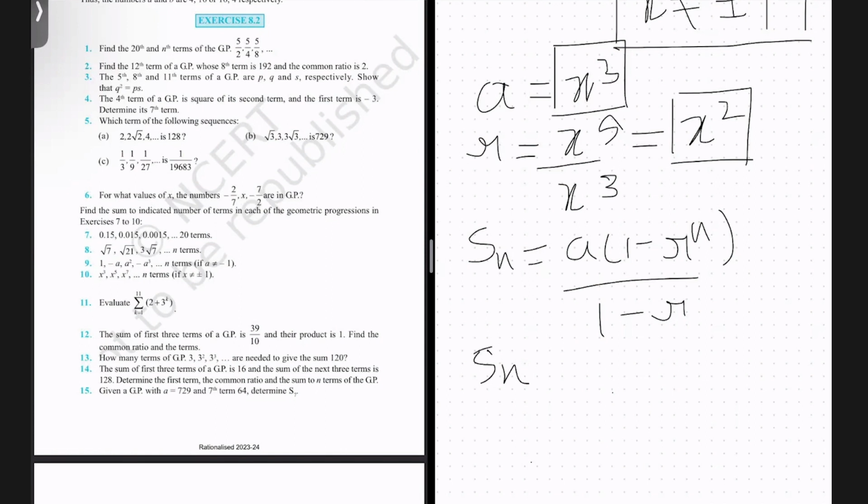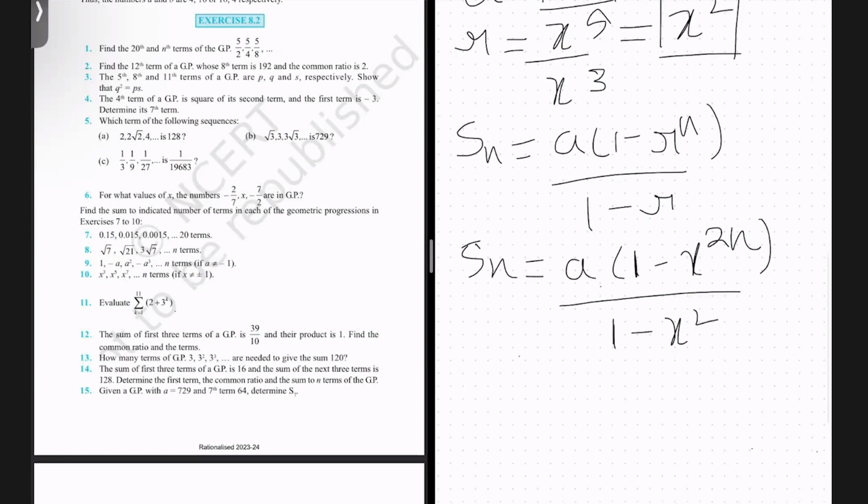Sn equals a into 1 minus r raised to the power n, where r is x square. So I have x raised to the power 2n upon 1 minus r, which is x square again. We forgot to substitute a as x cube. Let us do that in the next step.